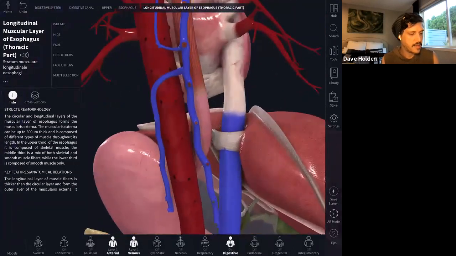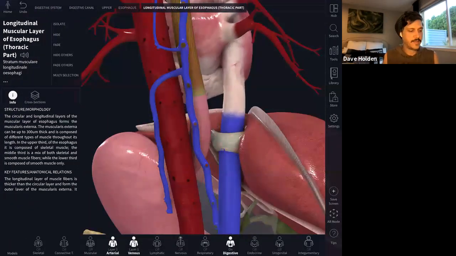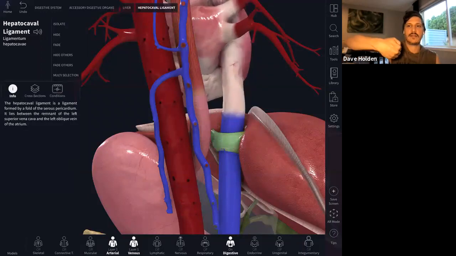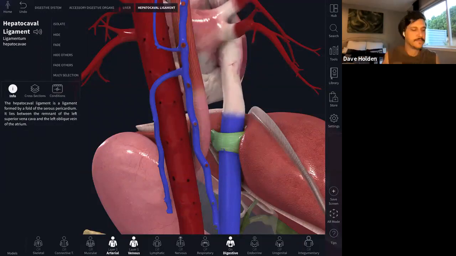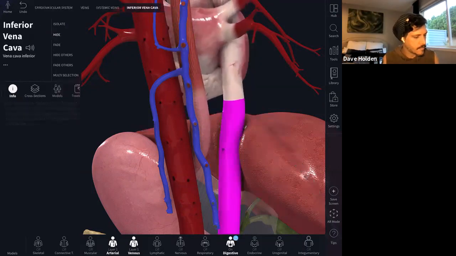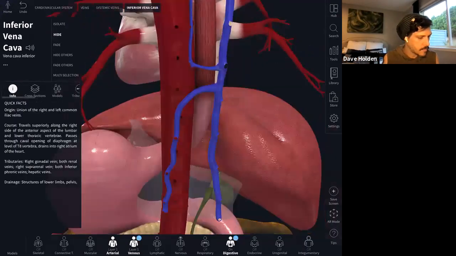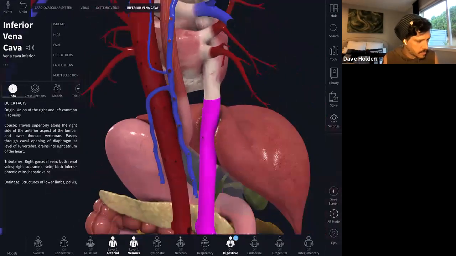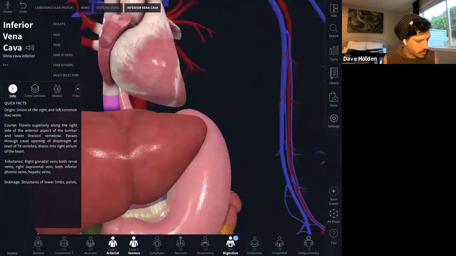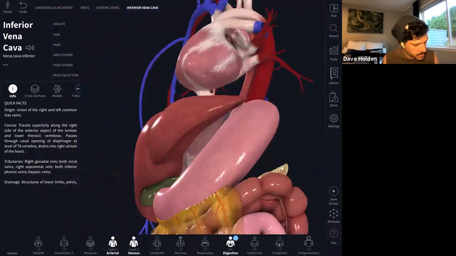So if we see how the liver has one of those special ligaments, so it really wraps onto a blood vessel. Oh, that's not it. What am I looking for? I'm looking for the portal artery. It's here somewhere.